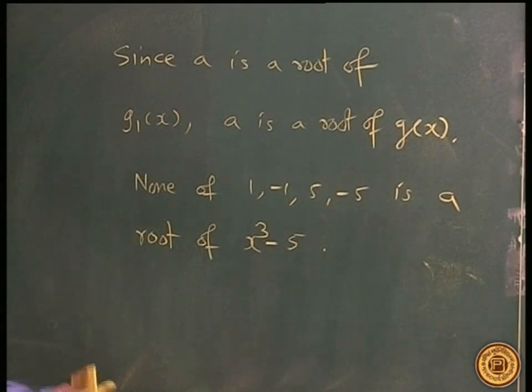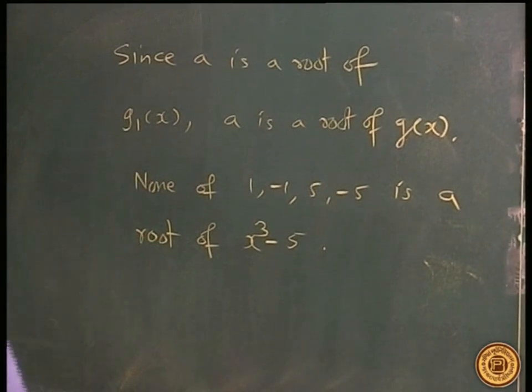So such a test is possible whenever the polynomial is a cubic polynomial or a quadratic polynomial. If you want to show that a specific monic polynomial over Z of degree 2 or 3 is irreducible, then one of these methods is that just like this you write G(x) as G1 into G2.